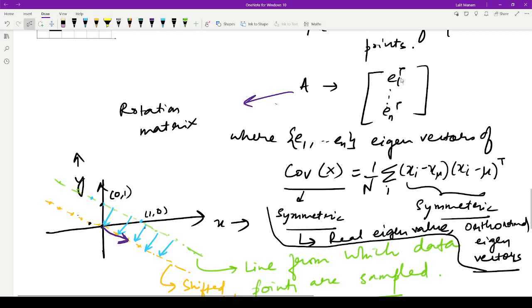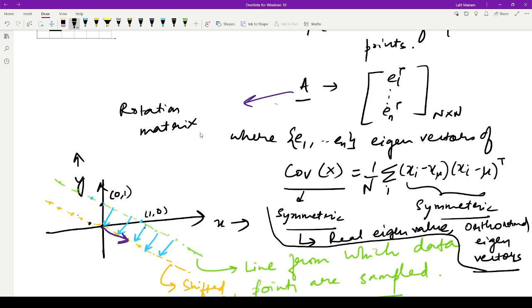E1 to En. They are the eigenvectors of the covariance matrix. They are already orthonormal. If you consider all of these orthonormal eigenvectors, they will have n of these, so this will give you an n cross n matrix. A is an n cross n matrix which is orthonormal, which by definition is a rotation matrix, right?